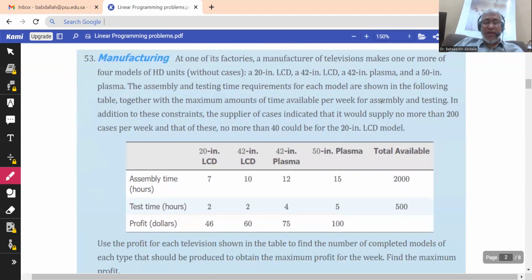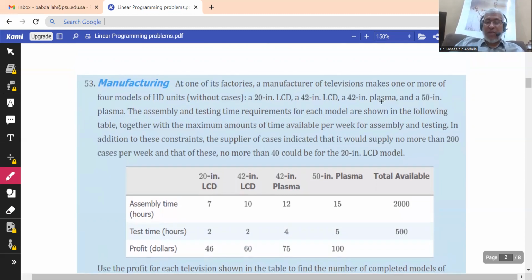This is the total available hours per week, 2,000 for assembly time and 500 for testing time. So this is the maximum time they have, the limitation. This will help you write the constraints.